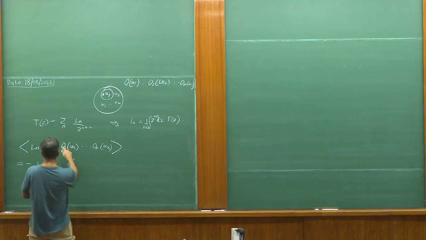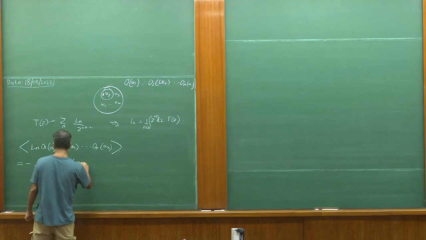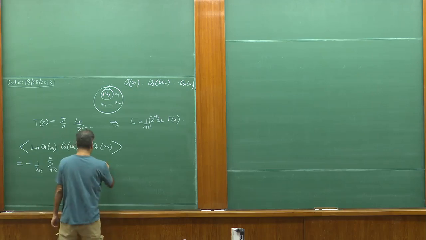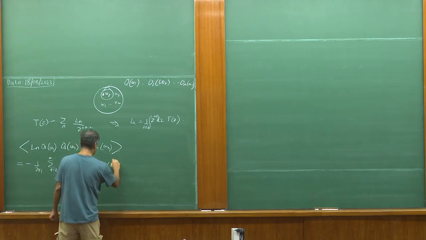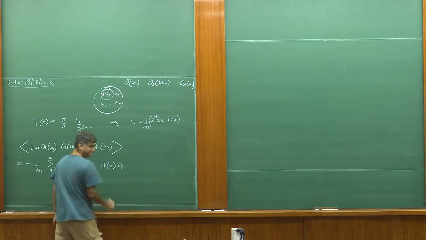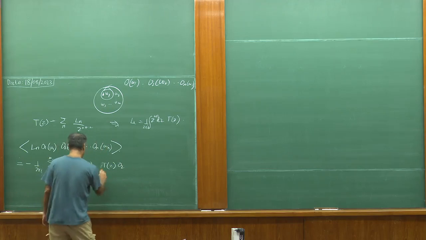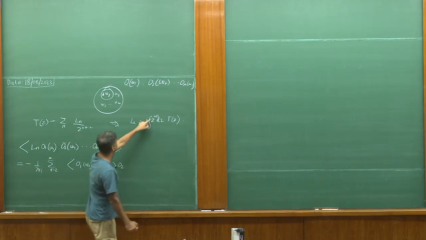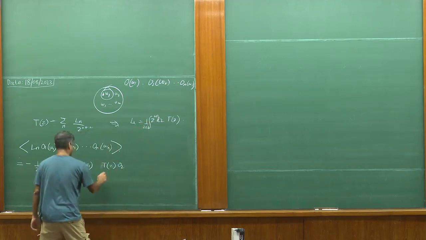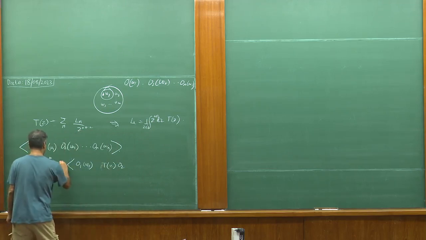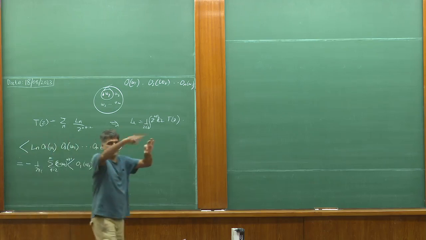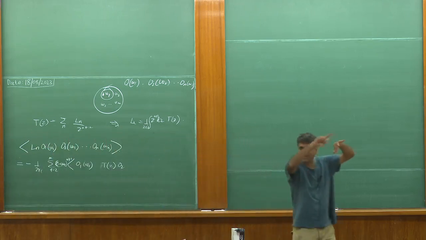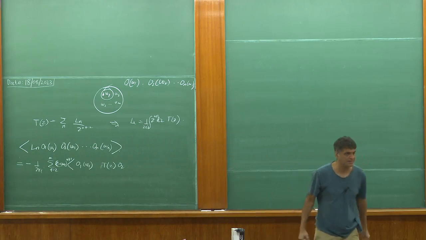Then we have O1 of omega 1, and then we have T of z, O2. The factor here was z to the power n plus 1, but that really should now be z minus omega 1 to the power n plus 1, because this was acting on the point omega 1, the operator surrounding omega 1.